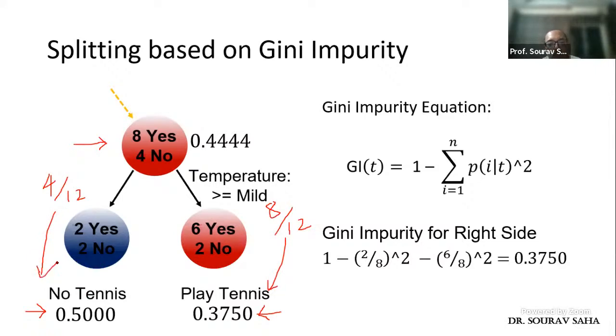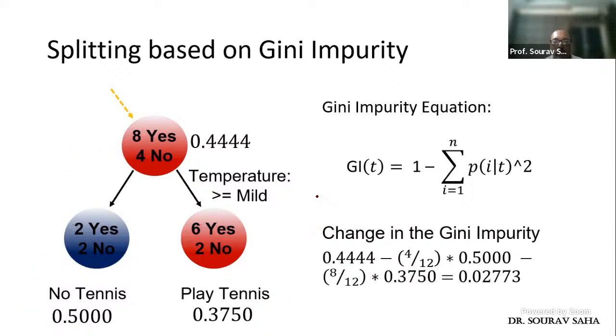taken together will give the final reduction. And this, by the way, is 0.02773. With the classification error, we did not get any change in impurity.